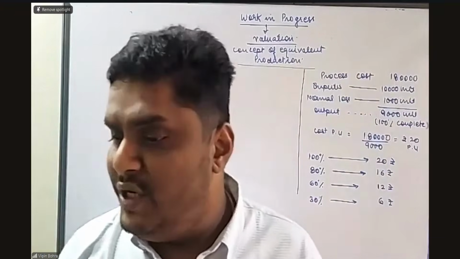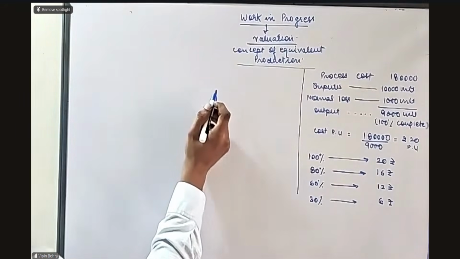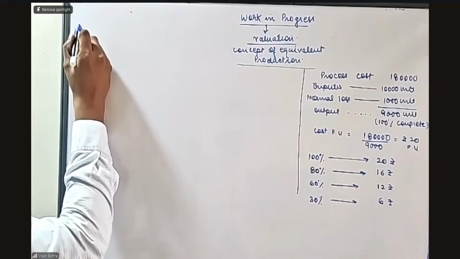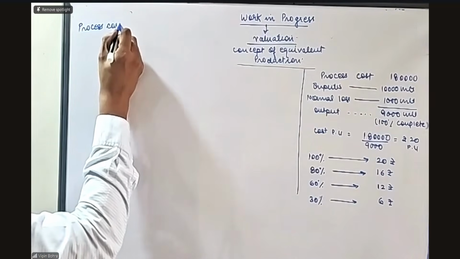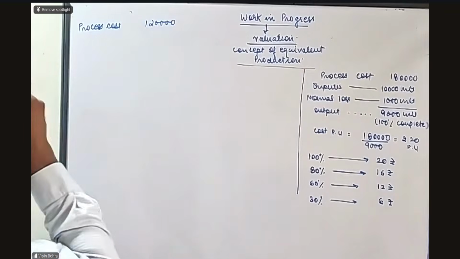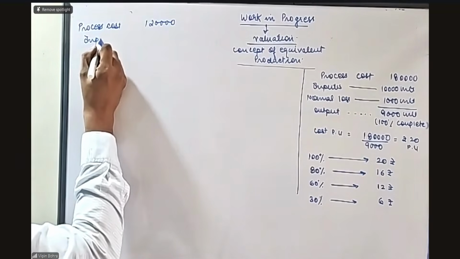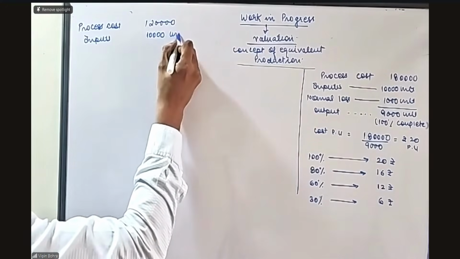Let's take one more situation. Let's say my process cost is 1,20,000. My inputs were 10,000 units.